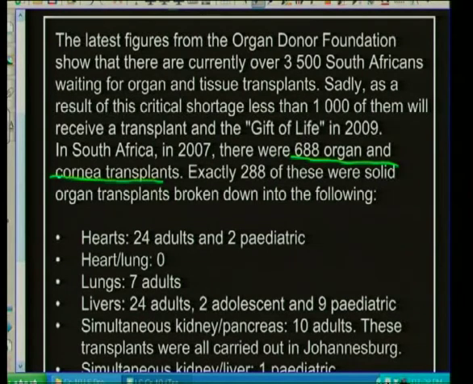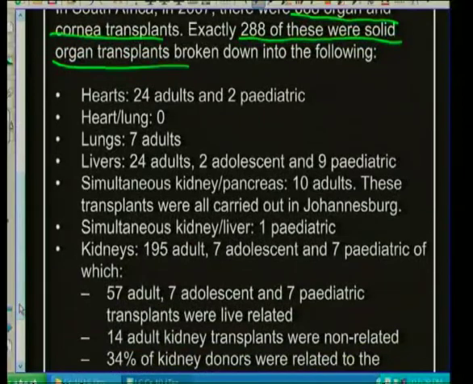Exactly 288 of these were solid organ transplants broken down into the following. And they give you a whole range of figures. Hearts, these are now organ transplants: 24 in adults and 2 pediatric, 2 children. Heart and lung together, 0. Lungs alone, 7 adults. Livers, 24 adults, 2 adolescents, and 9 pediatric. So teenagers and 9 children, small children.